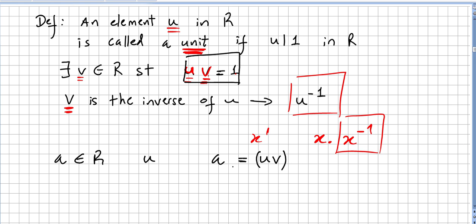And now, using associativity, you can write it this way. This is very handy, so you always use this. This is a very good way to factorize A, if you need to use factorization.